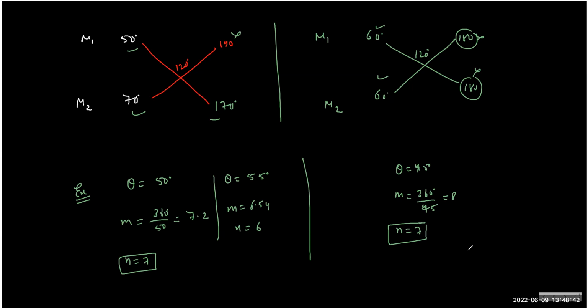So if the angle is given, we can find the exact number of images. If the number of images is given, we cannot find a single angle. Rather, we can find the range of angle. That's a very important point to remember.